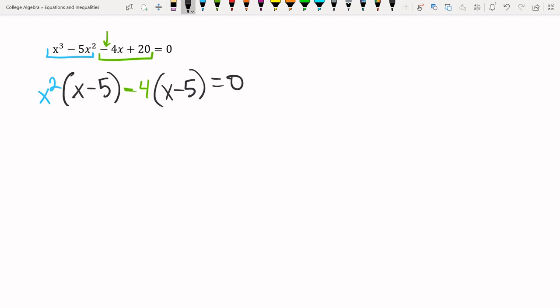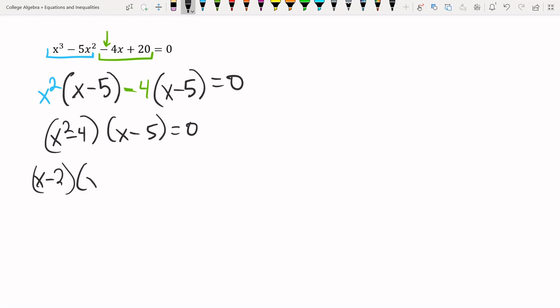And you see the binomial is the same here. So we get x squared minus 4, x minus 5, and x squared minus 4. This is a difference of two squares. So we can factor this down to x minus 2, x plus 2, and the x minus 5 is still there. Now we have 3 linear terms, and each one of these can equal 0 to give us a different solution.